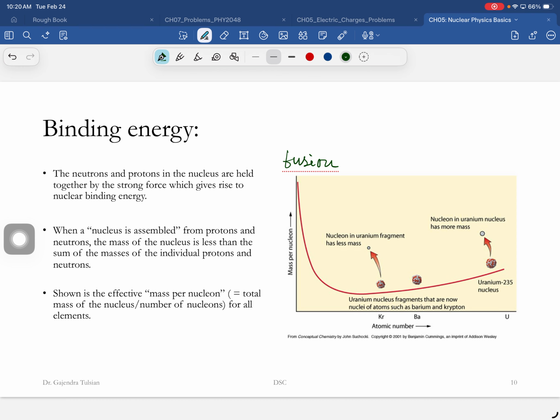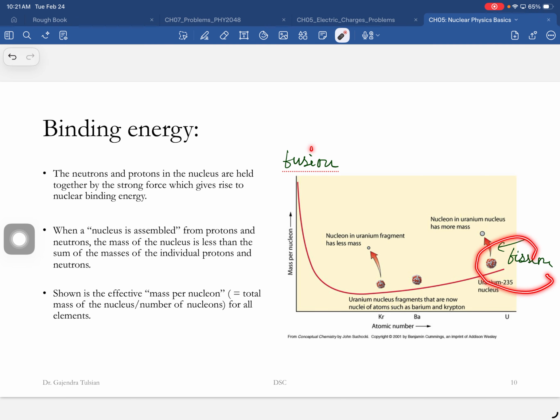When you take a heavy nucleus and split it, that is called fission. This is what we do in a reactor. This is how the sun produces energy. So that's what this graph is telling you.